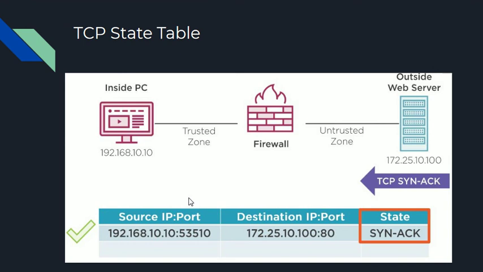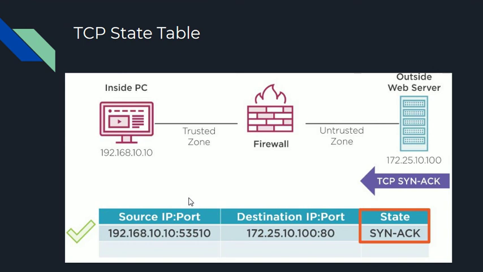The IP is 172.25.10.100 and on port 80, coming to my inside PC workstation. Since that's the case, we will then change the state of our TCP entry in the table and forward that message on to the inside PC, and then allow the inside PC to send a TCP acknowledgement.